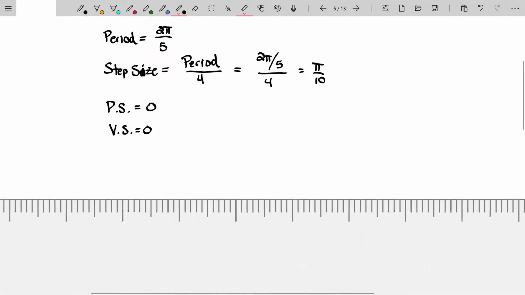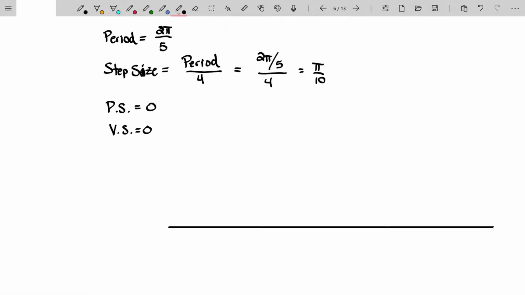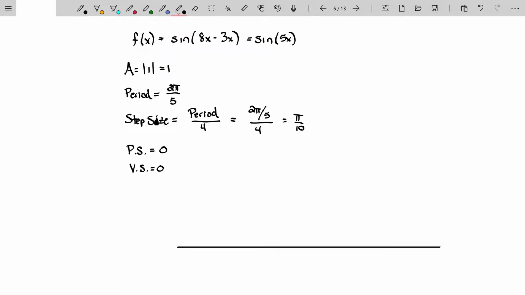I'm just grabbing my ruler here and dragging it down terribly slowly. I can take the ruler out for now. It is a positive sine function, so I'll just go ahead and maybe I'll even plot the points. So let's say that that's the beginning and that's the end, halfway through, and then here and here.